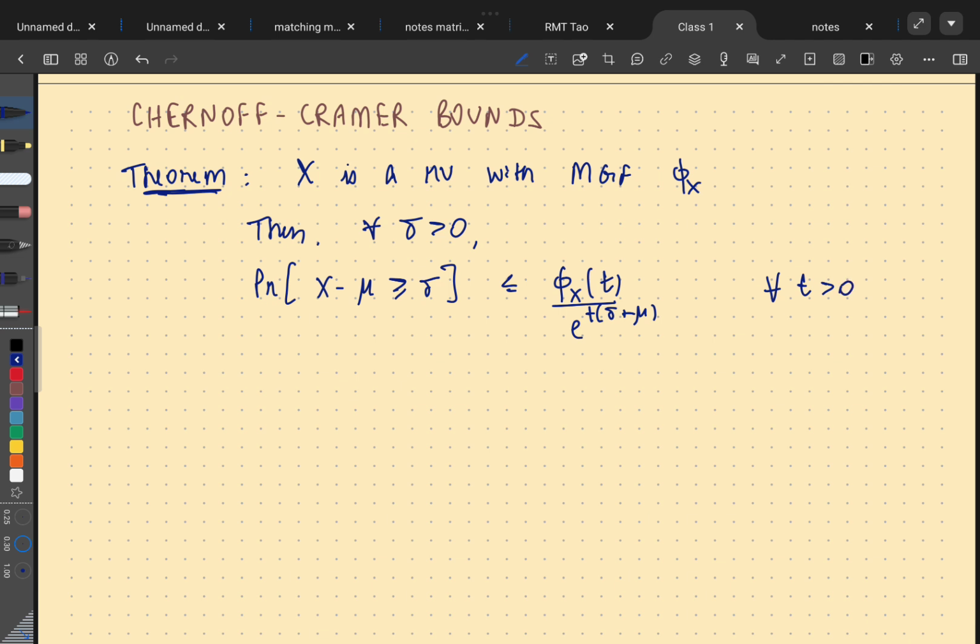So the bound has a parameter t, which has to be positive, but each value of t gives you a different bound. Some values of t may give you a very weak bound, some values of t may give you a reasonable bound.